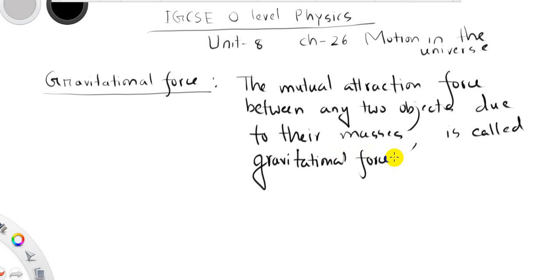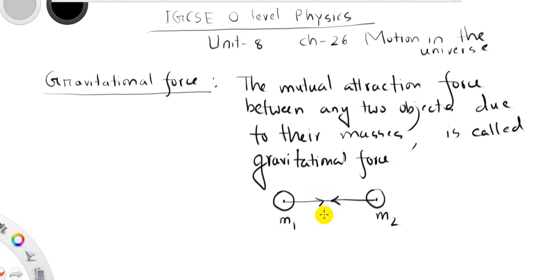So in our universe, every object attracts every other object due to their masses. So mass of the first object is, say, m1 and mass of the second object m2. These two objects attract each other due to their mass. This force is known as gravitational attraction force.